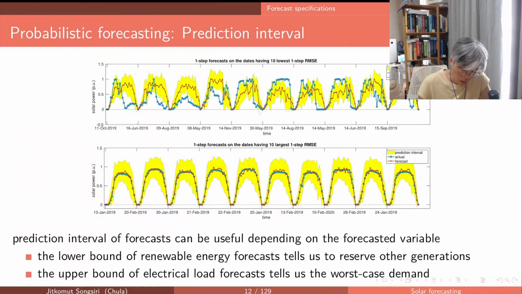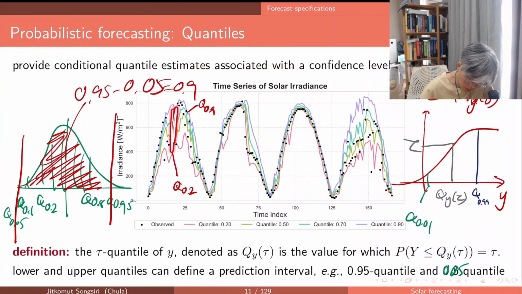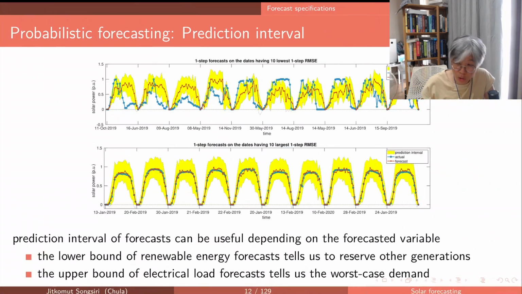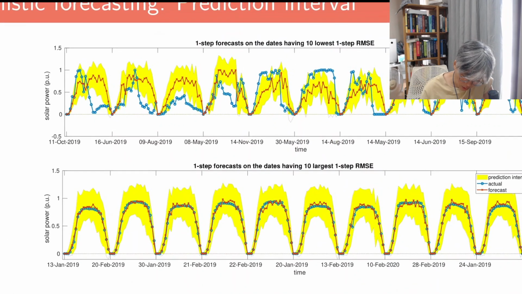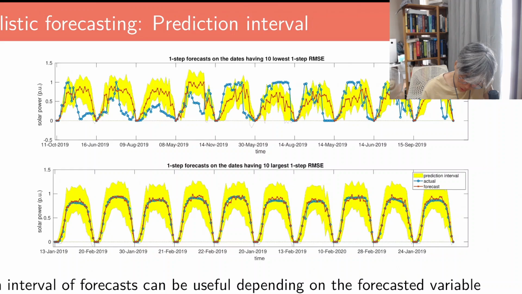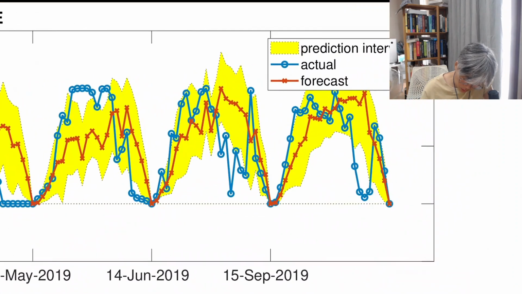When you get the prediction intervals, in this example on this slide, I get the prediction interval from the two quantiles. But there is also a framework of developing or training the model to release the prediction interval directly. This example is illustrated by the yellow bands. On this graph I have both the point forecast, which is the red line, and the actual value.